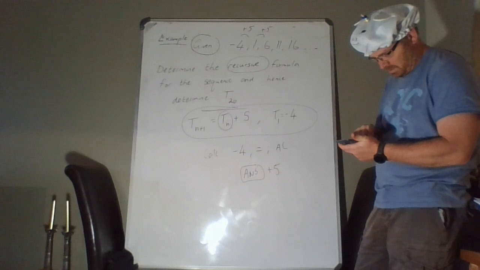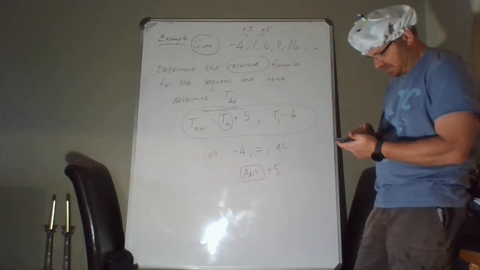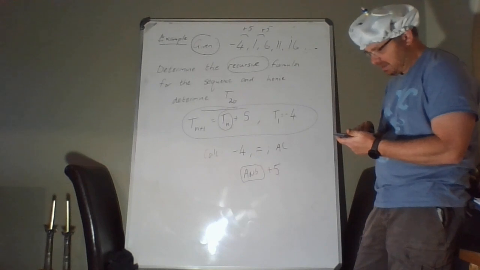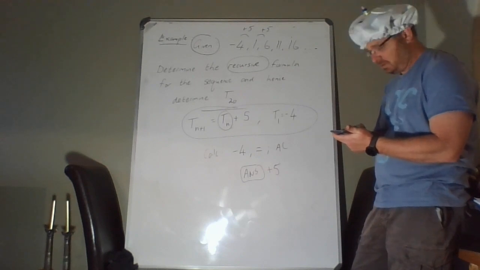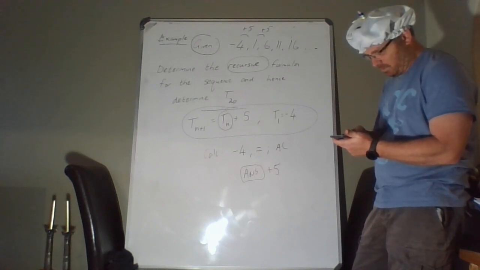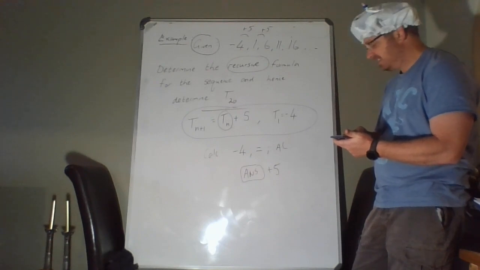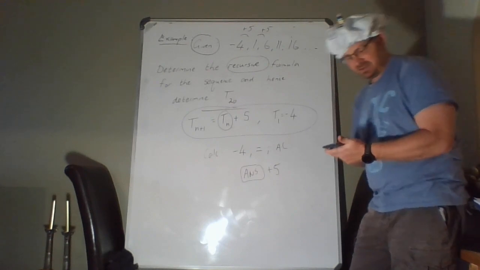Minus 4 equals, clear your screen, answer plus 5, that should give us 1, it does, so that's term 2. Keep going, 3, 4, 5, 6, 7, 8, 9, 10, 11, 12, 13, 14, 15, 16, 17, 18, 19, 20.